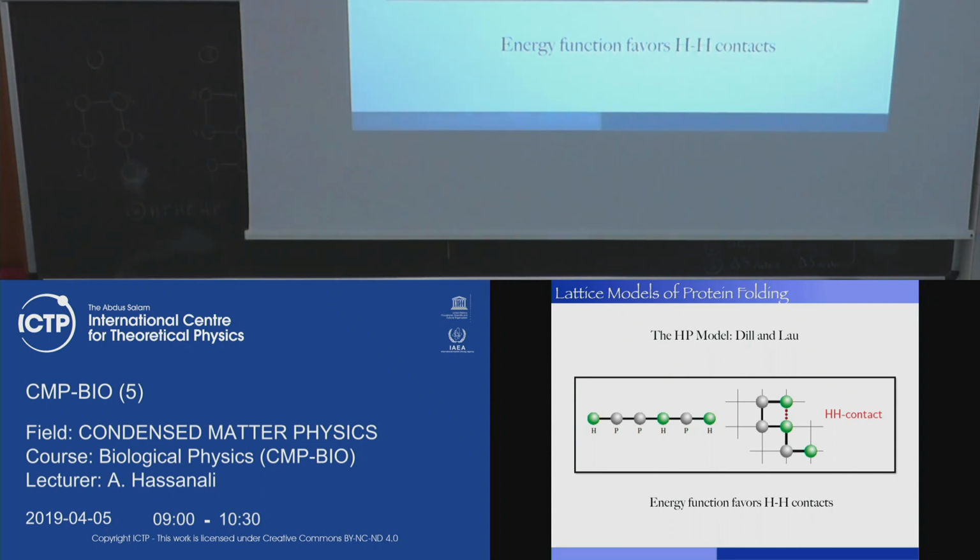There's a hydrophobic one, which is favorable. There's a penalty to form interactions between H and P that are not nearest neighbors. You'll see an example of this shortly. And if the H groups are at the boundary of the lattice, then they interact with the liquid. If they enter the liquid, you also pay a penalty. Okay, so that's the idea of the model.